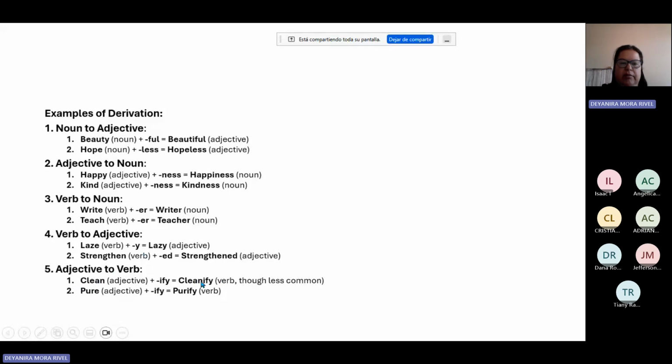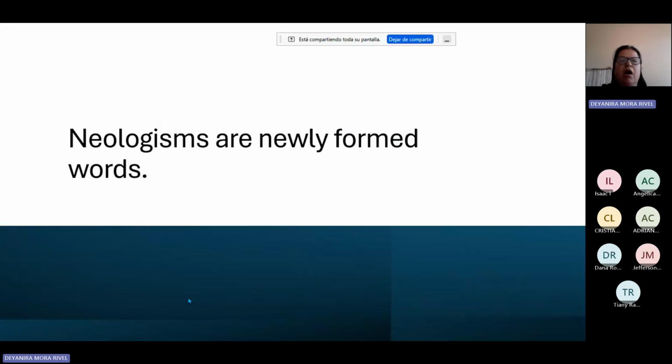So a verb, but it says that it's not very common. Pure, purify. This is the idea. Purify, yes, it is a very common word to purify a room. So that is derivation. But there are other forms that we can make up new words.